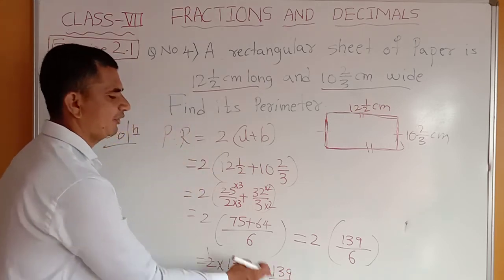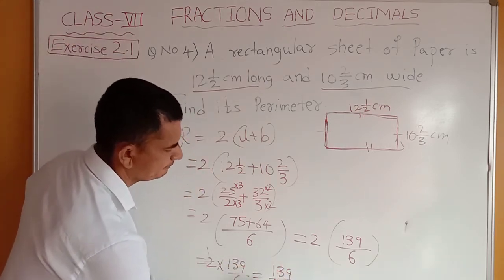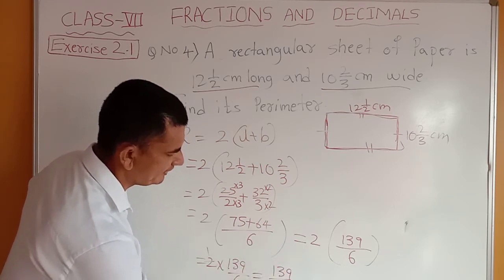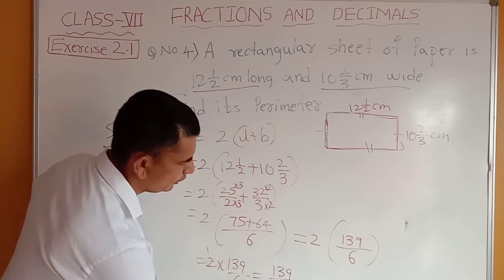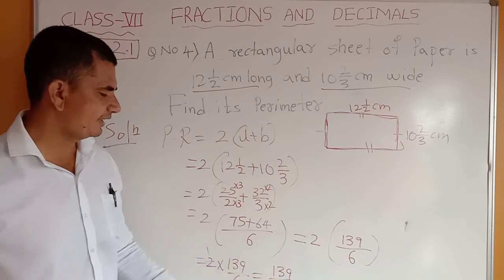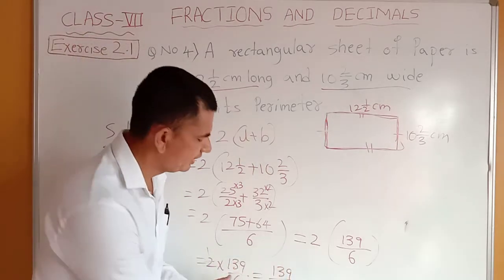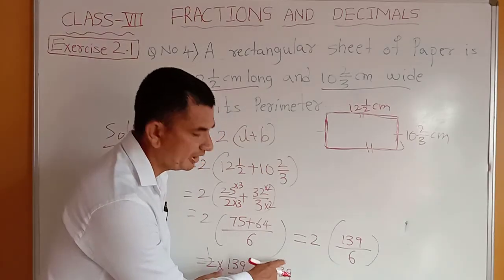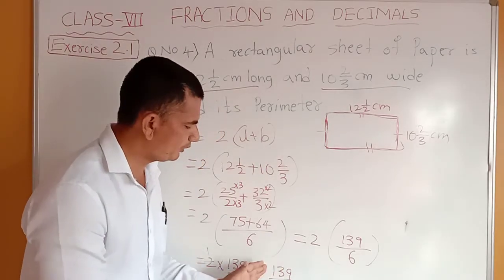Now again we can simplify. Before simplifying, check first: is it possible to simplify? Is 139 in the 3 table or not? 3 ones are 3, 3 fours are 12, remaining 19, so it is not possible. So what do we have to do?